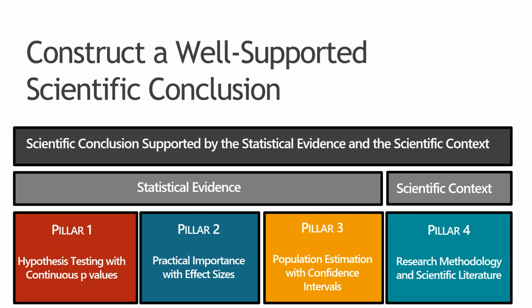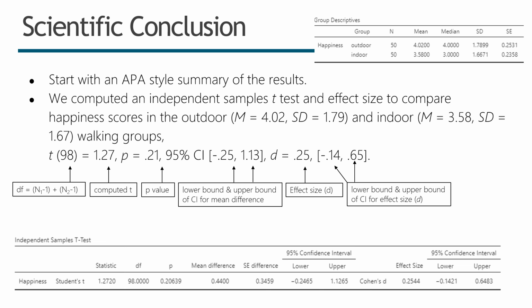Now we're going to pull together all four pillars into one well-supported scientific conclusion. All right, so what you're going to start with here is an APA-style summary of the results. Other disciplines may have slightly different reporting styles, but they're all very similar to this, where you start by saying what statistic you computed. You computed an independent t-test to compare the happiness scores in the indoor and outdoor groups. Okay?